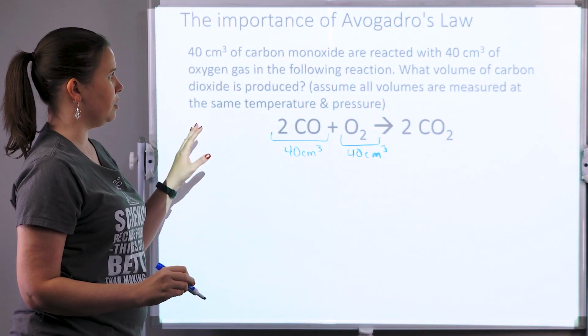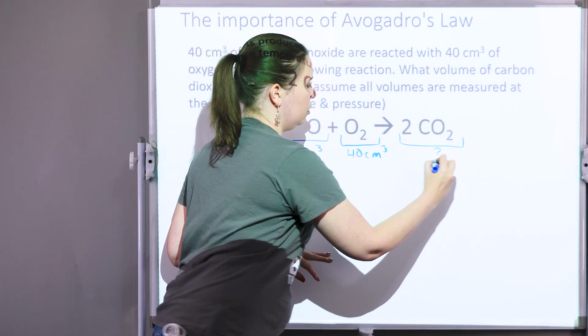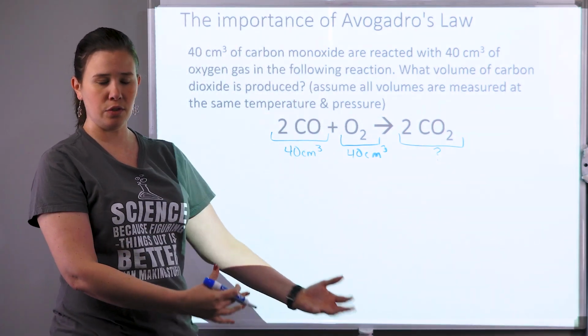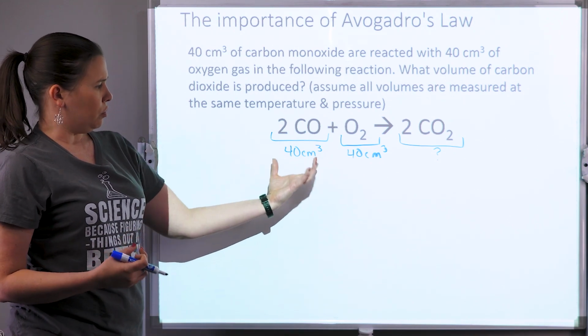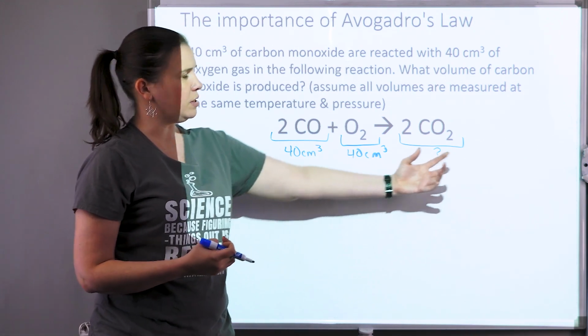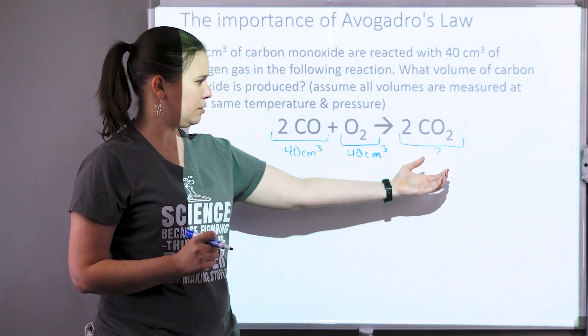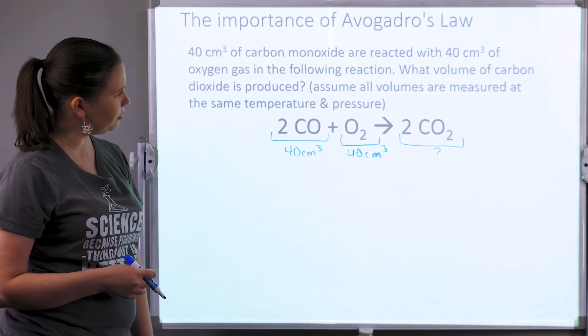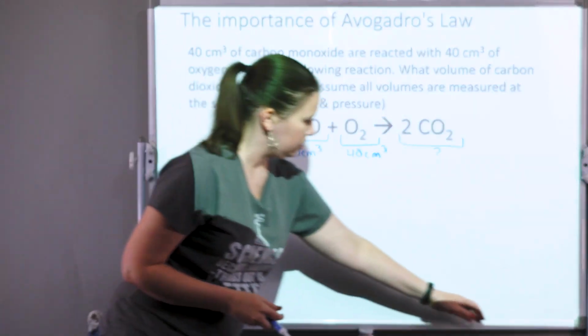So then the question is, what volume do we think carbon dioxide would occupy as an end result after this reaction occurs? So what would we do? Would we add the volumes together to get an increase in volume? Would we find the difference? I guess meaning that there's no volume. That doesn't really make sense. Think about Avogadro's law.